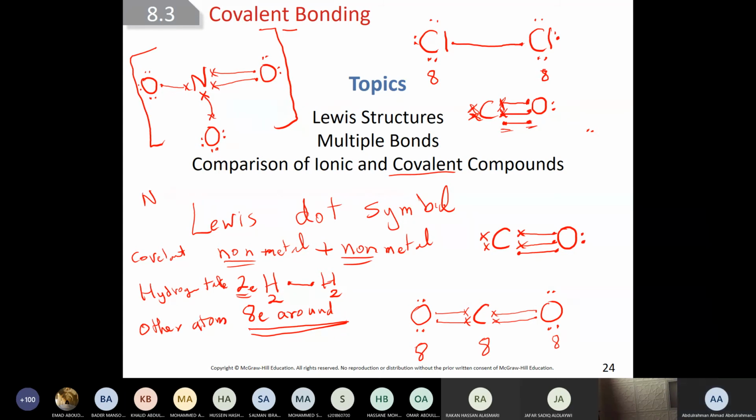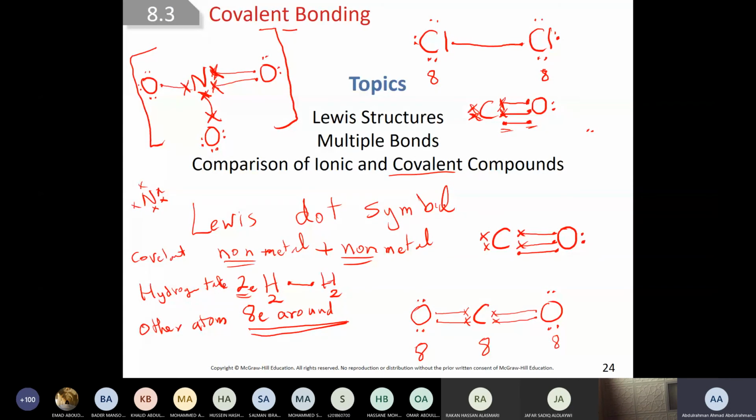Dot symbol. 5. 2, 3, 4, and 5. Yes, excellent. So listen to me. The nitrogen now, I use 1, 2, 3, 4, and 5. These are the 5 for nitrogen.